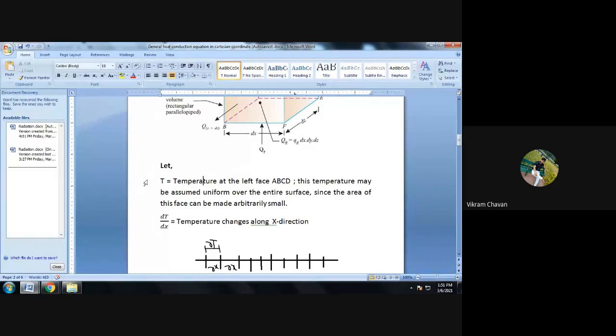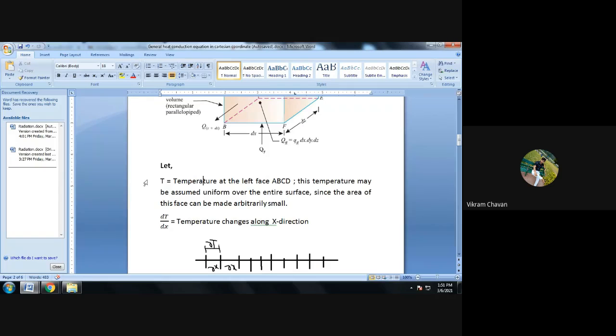Arbitrarily small means very infinitesimally small. Actually we are considering the volume element to be infinitesimally small, so you can assume that only that much small area will be available on the left side for the ABCD surface. Okay, so arbitrarily small, full stop.